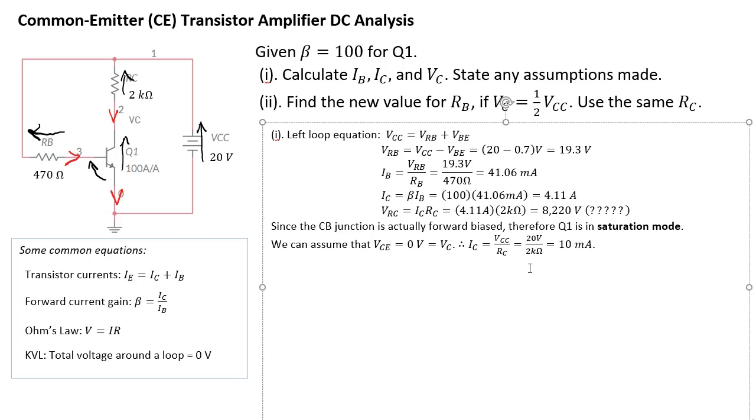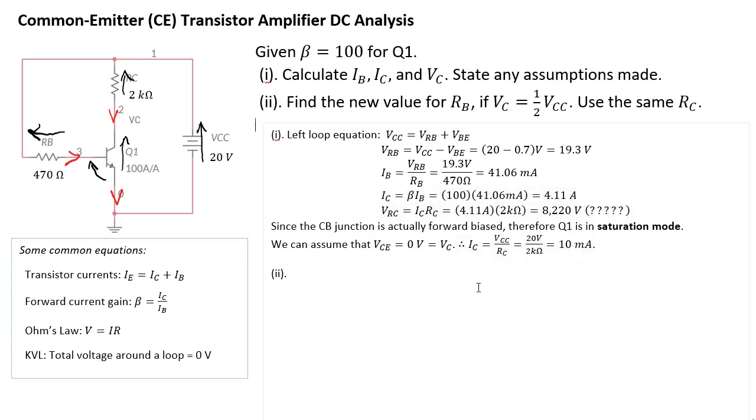Now for part 2. For part 2, we're asked to find a new value of RB if VC is actually half of VCC. So VC is now half of VCC, which means we need to work out a new IC if VC is no longer 0, like in the previous case.